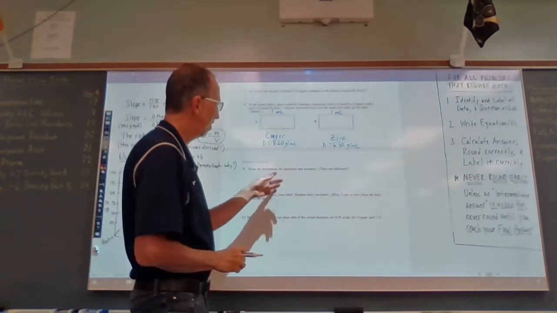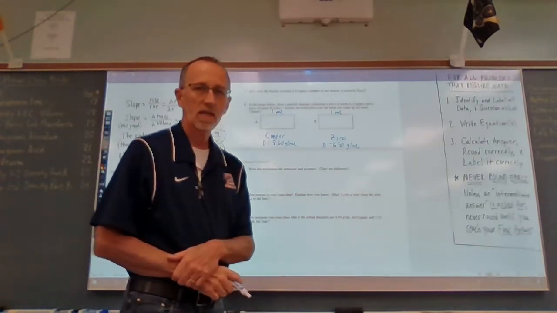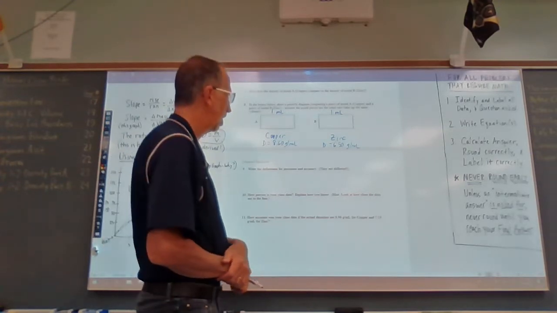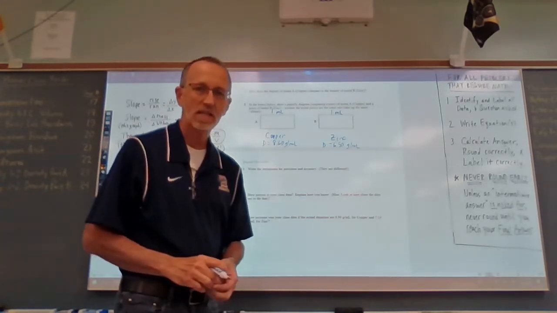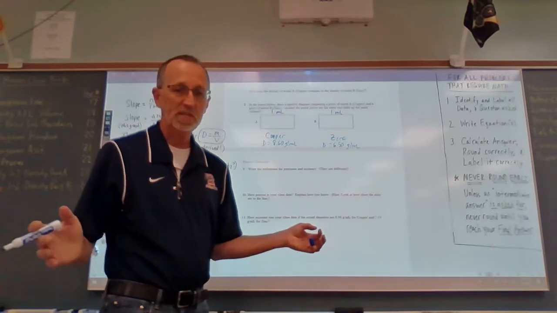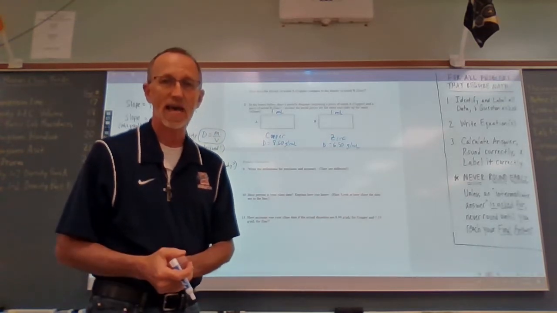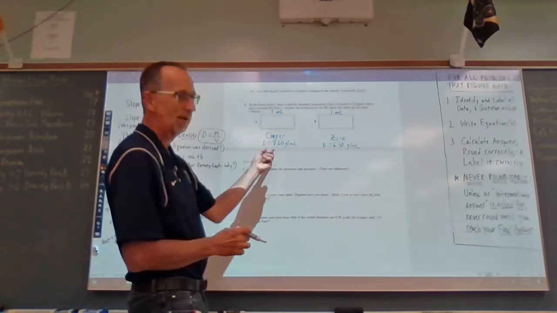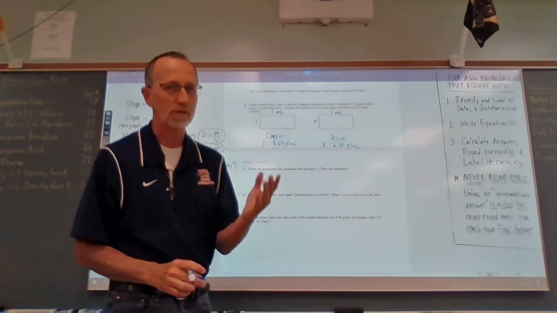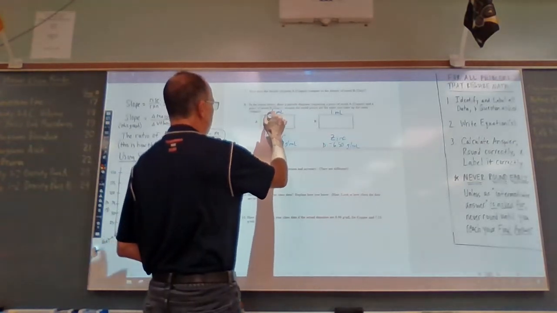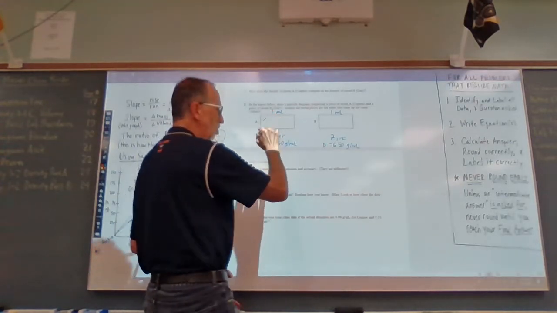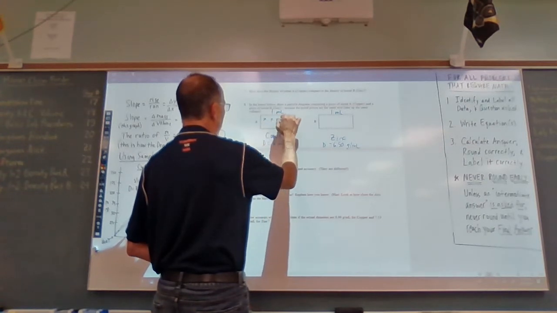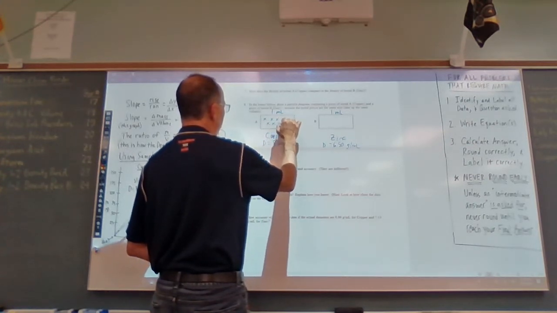Based on that, copper would have 8.60 grams per that 1 mL, so approximately 9. A reasonable representation would be to put 9 particles in the box. Since I can't put 8.60 particles, we'll round it to a whole number. I'll just use X's for copper. 1, 2, 3, 4, 5, 6, 7, 8, 9.